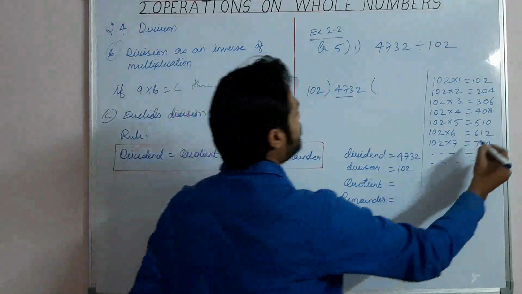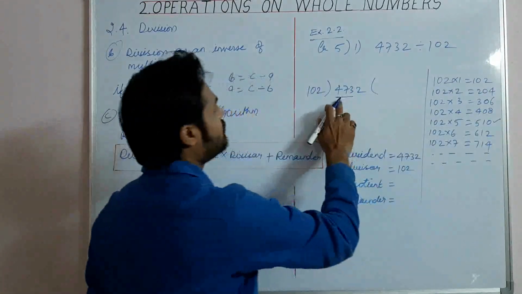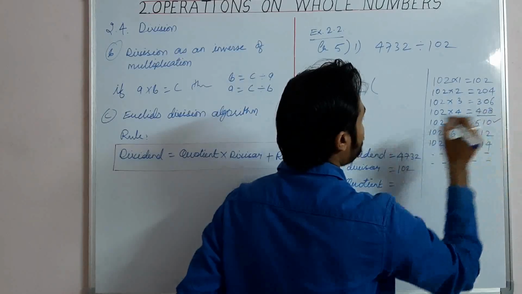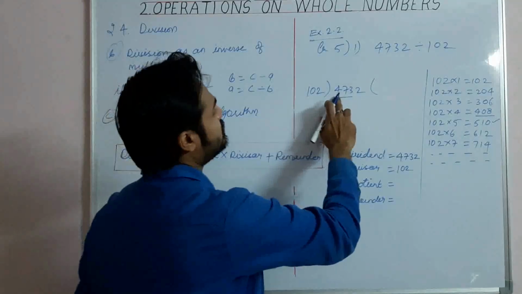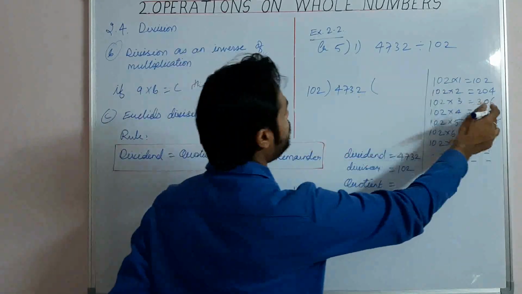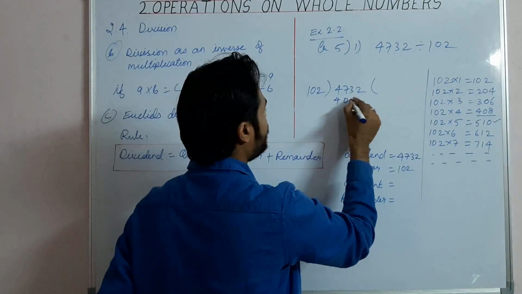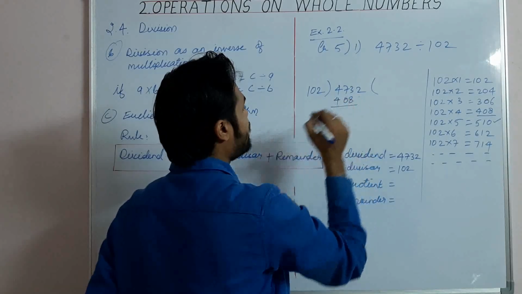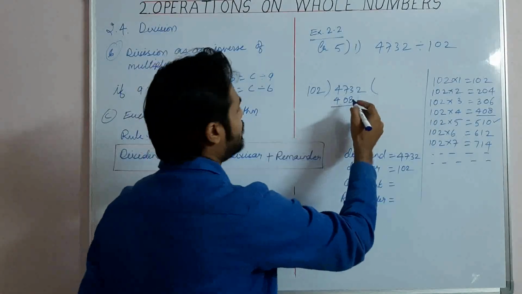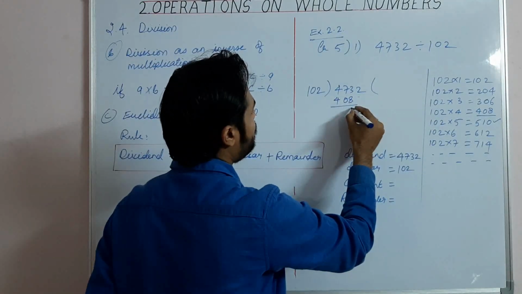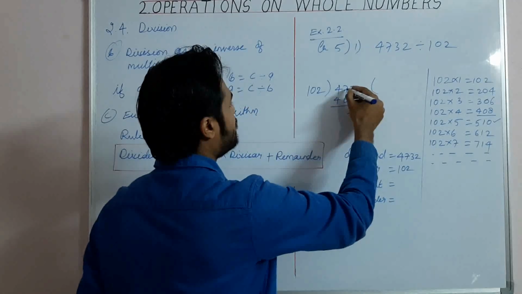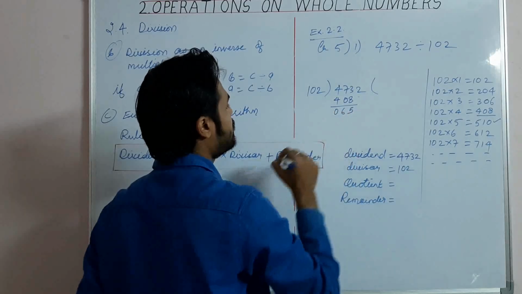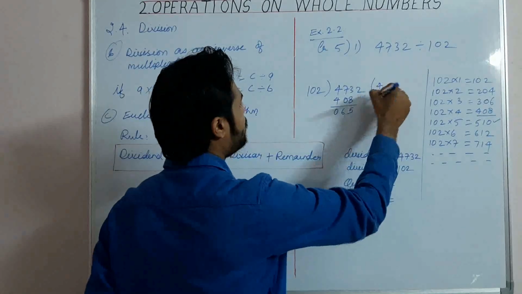Now 510 is greater than 473, so we will take the largest number which is less than 473 and we'll write 408 here. Now we will subtract: 3 becomes 13, so 13 minus 8 is 5, 7 becomes 6, 6 minus 0 is 6, 4 minus 4 is 0, and we will write 4 here.